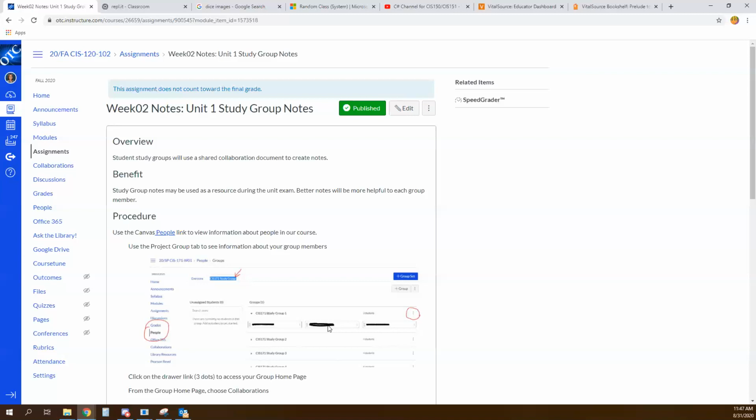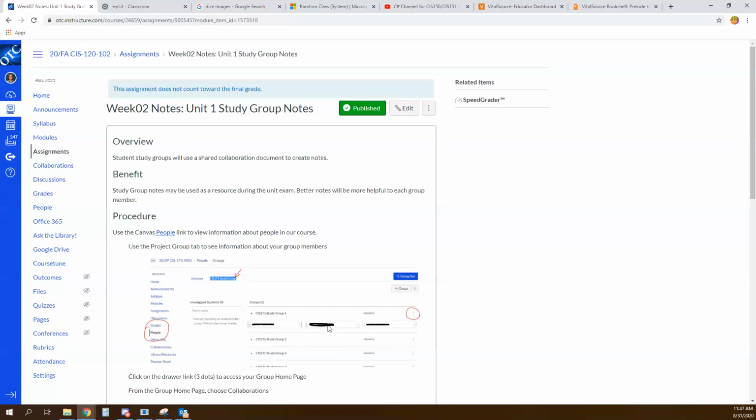So some people, have you ever noticed, some people are really good at making notes and other people are not so good at it. They might be able to remember everything, but they're not so good at making notes about it. Well, in computer programming and in this field that we're going into, if you can figure out a way to organize the information into notes, you're halfway there because you've organized all of this information you need to learn.